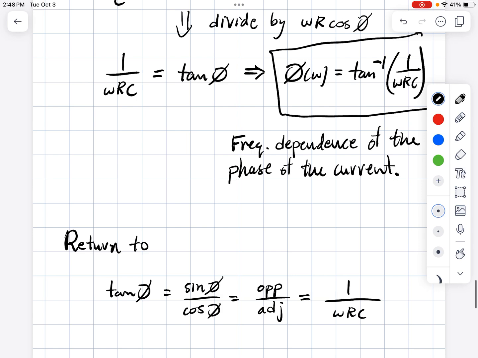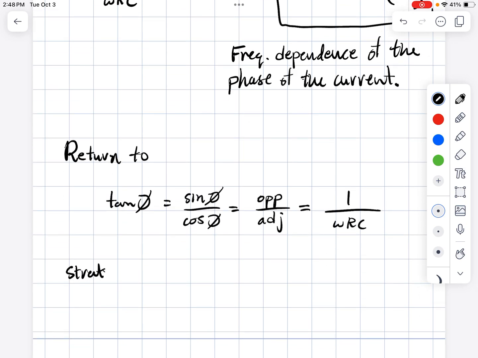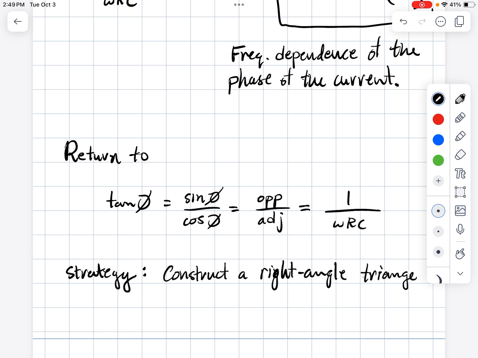So our strategy is to construct a right angle triangle with the opposite side equal to 1 and the adjacent side equal to omega RC. Then if we calculate tan as opposite over adjacent, we get the correct 1 over omega RC that we require.